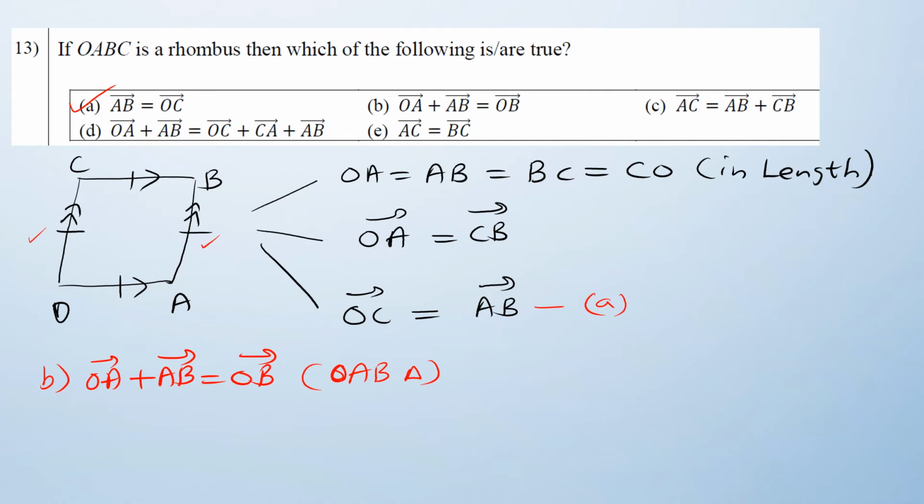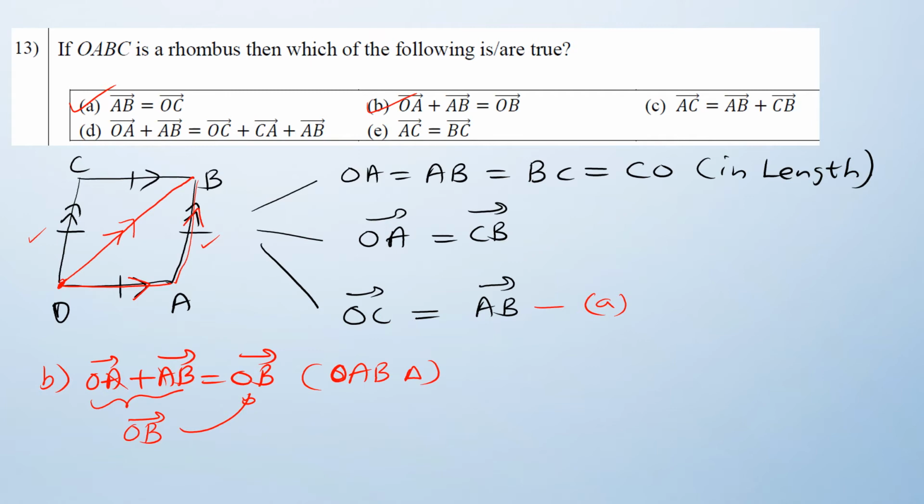In that case, when we consider the starting point as O, end point as B, the direction of the vector will be from O to B, and we can complete this journey by starting from here, and we have to end up at the point B. So we have considered the same sequence in an order, so we can add these two together. Since this is the common point, the summation will be OB. So B is also correct.